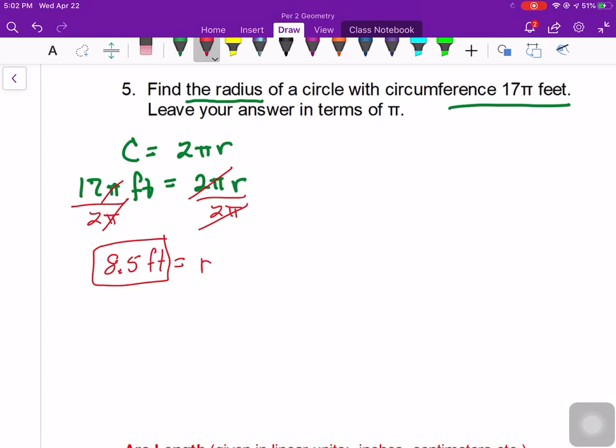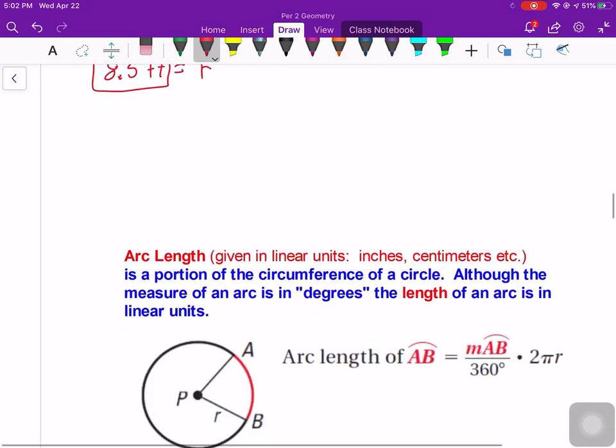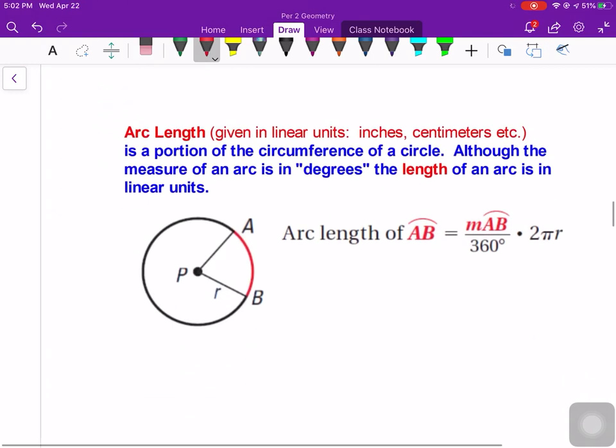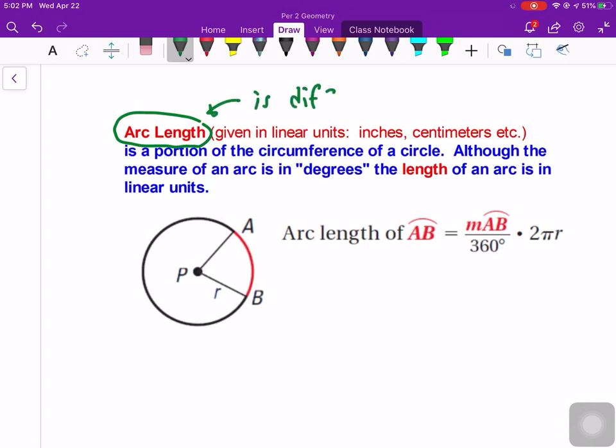Well, now we're going to talk about just a piece of the circumference. A piece of the circumference is called arc length. And arc length is different from arc measure. Arc measure was what we talked about in chapter 11. Arc measure was in degrees. Arc length is in linear units.